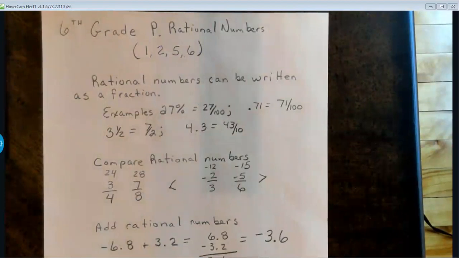Rational numbers are numbers that can be written as a fraction. 27% is a rational number because it can be written as 27 over 100.